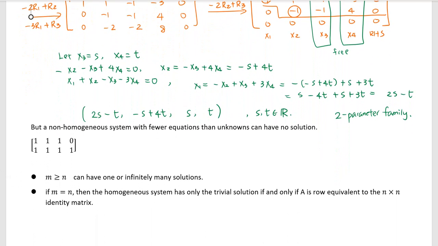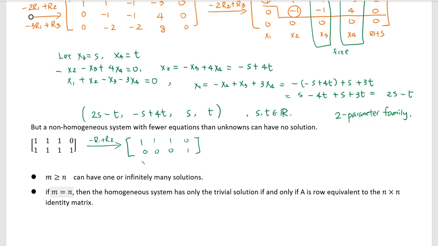Okay, but for non-homogeneous systems with fewer equations than unknowns, it can have no solution. So for example, in this case, we have 2 equations and 3 unknowns, and you can see if we do minus row 1 added to row 2, we get 1, 1, 1, 0, 0, 0, 0, 1.